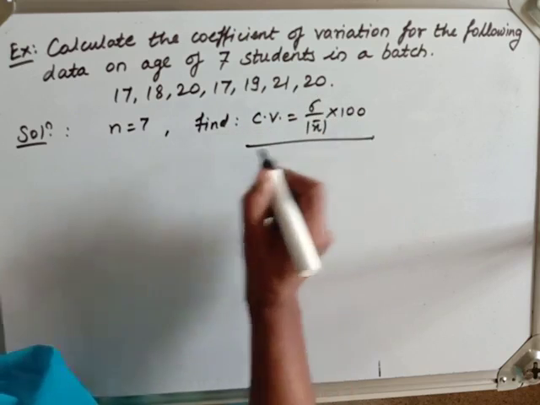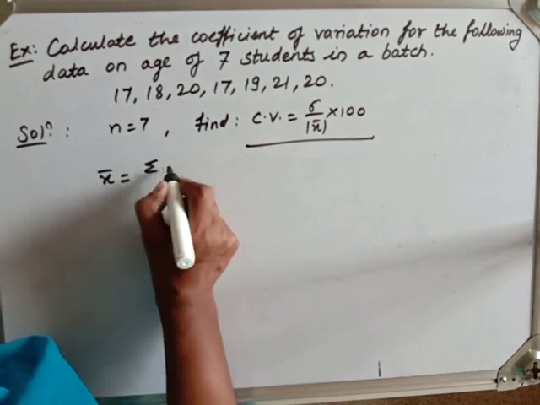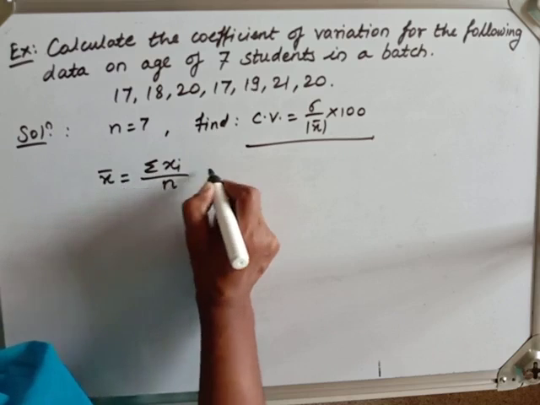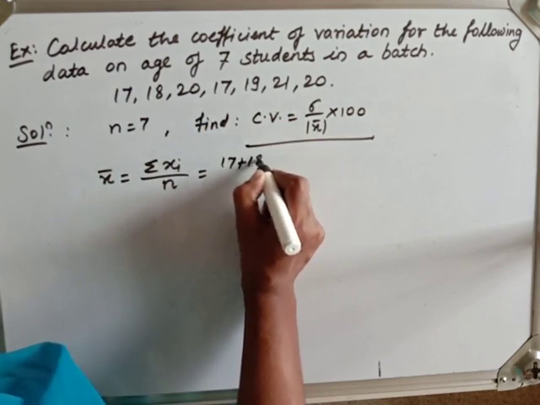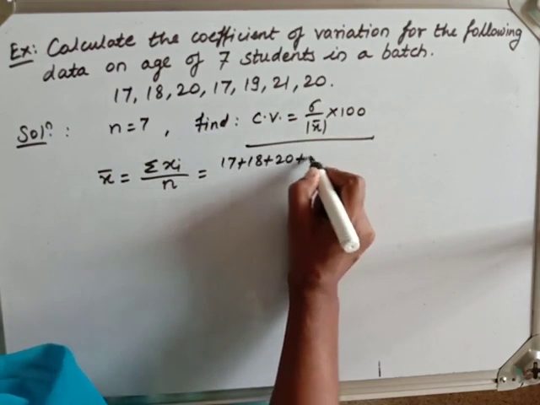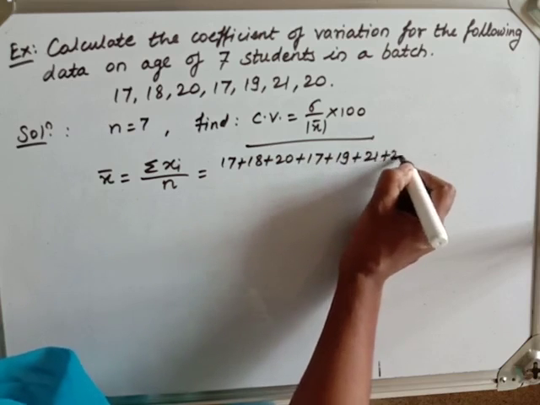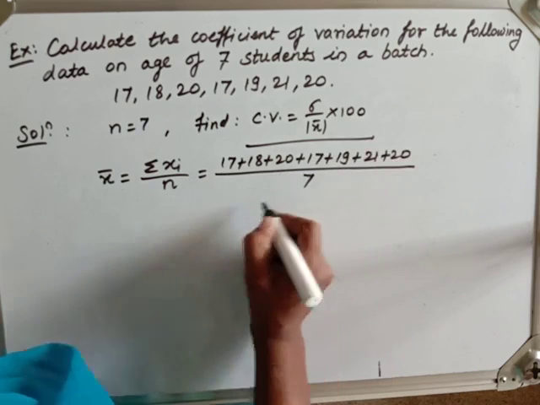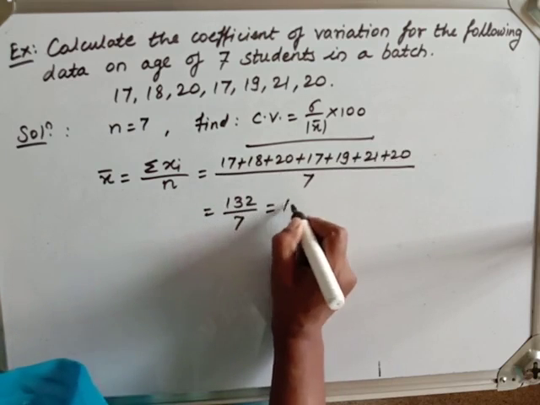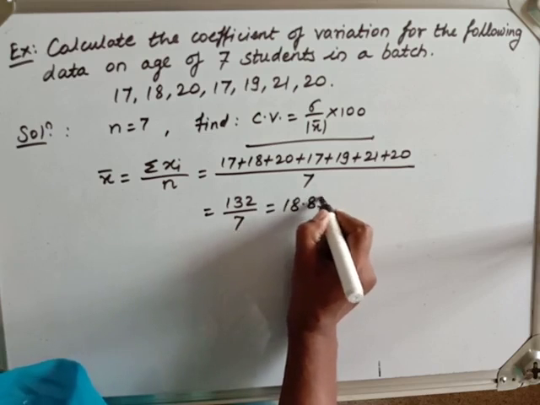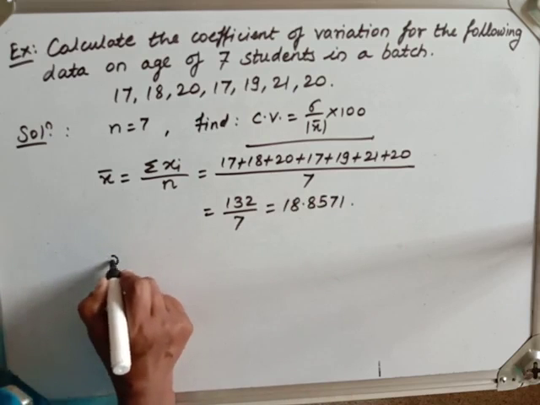So first of all find x bar. X bar is summation xi upon n, so 17 plus 18 plus 20 plus 17 plus 19 plus 21 plus 20 upon 7. So this is 132 upon 7, which is 18.8571.